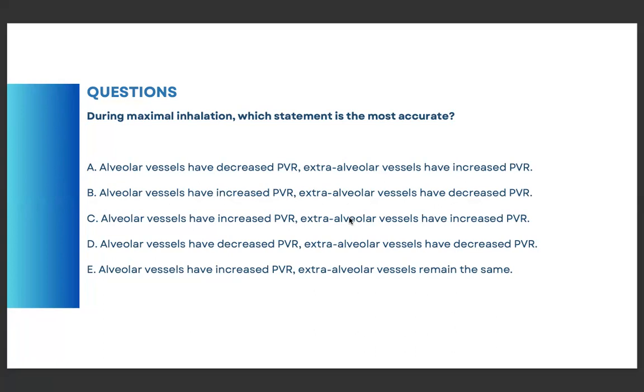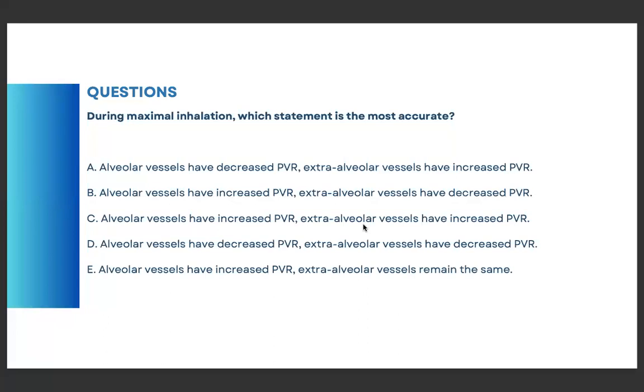When that balloon is expanding, it's pushing onto that tube, collapsing it. When you're collapsing it, you're increasing your resistance. PVR is your resistance. So when you inhale, that alveolus becomes bigger and it pushes up onto that vessel, collapsing it and increasing the resistance with it.